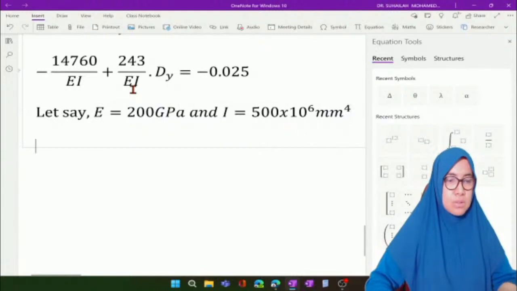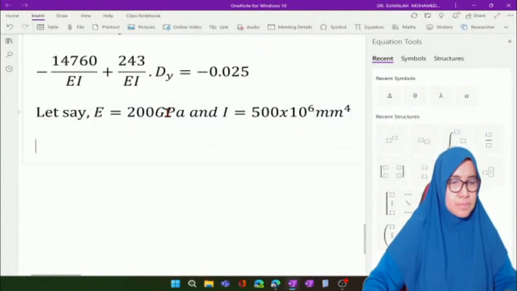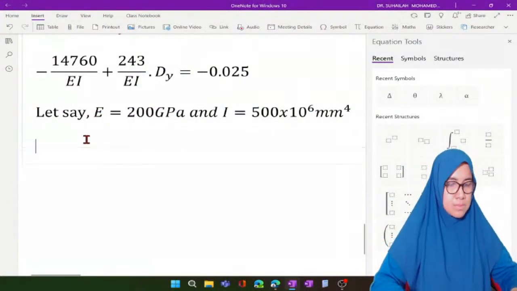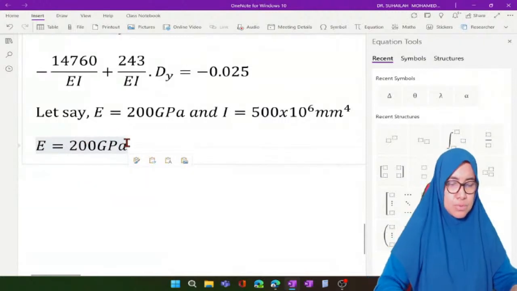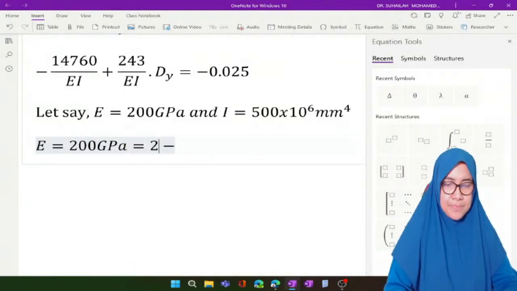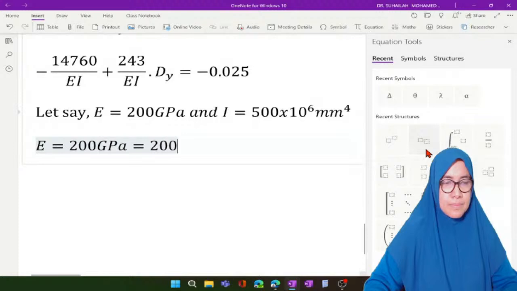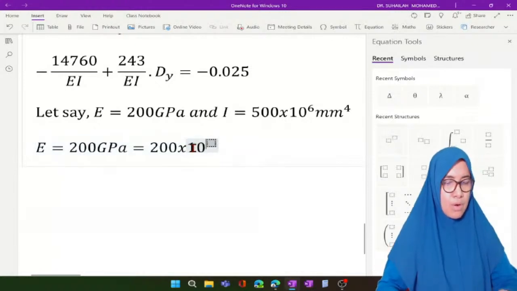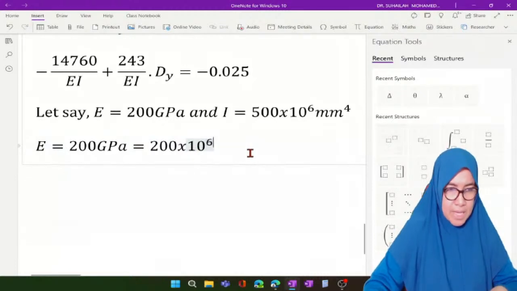So we change E to 200 times 10 power of 6.